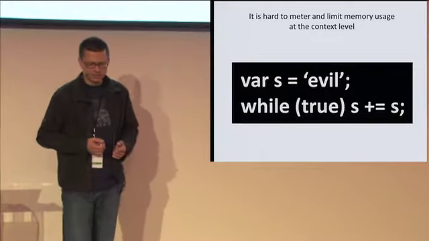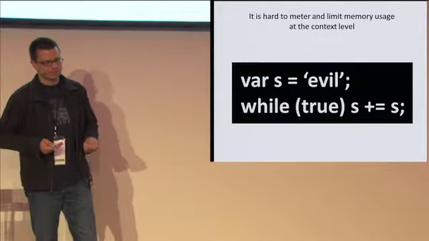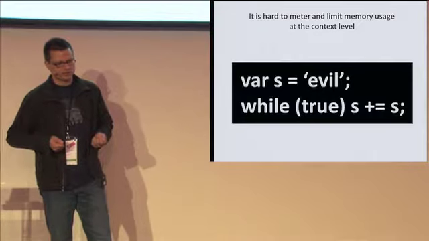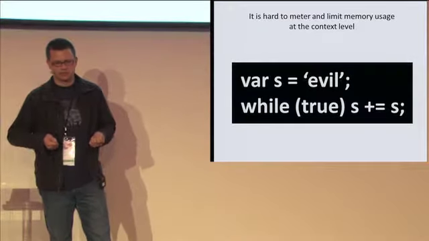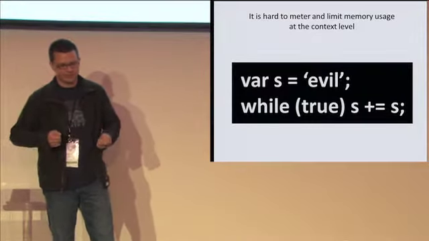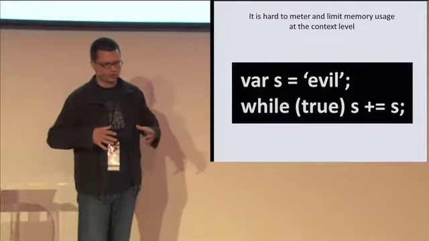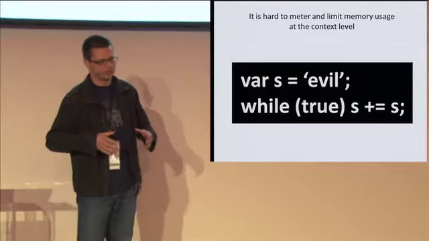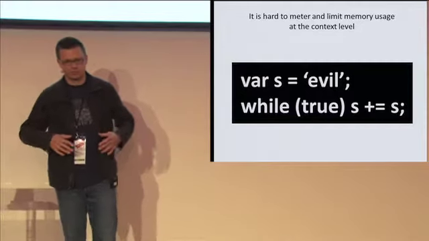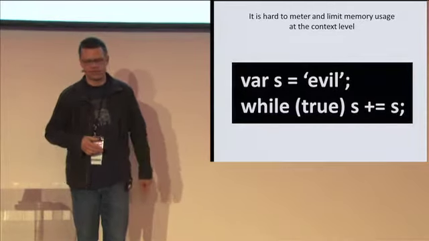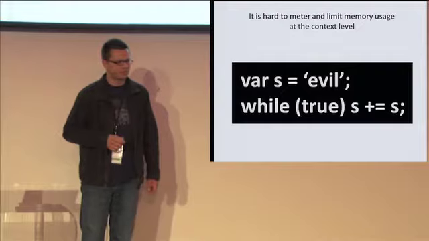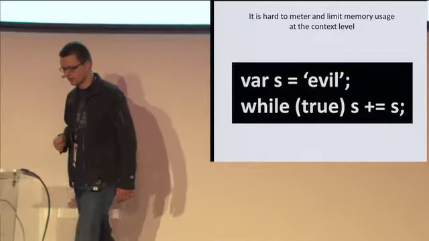And there is no native mechanism in the V8 JavaScript engine today that allows you to control memory consumption on a per context level. Such functionality can be built on top of the primitives provided by V8, but this is not something that my hosting layer currently has.